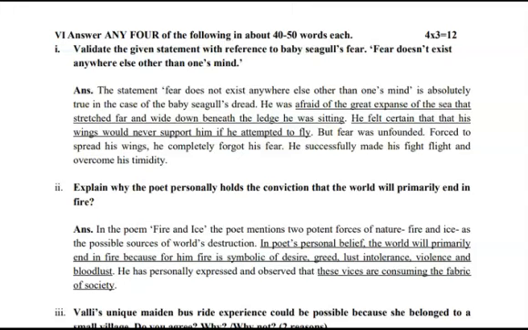Remember 3 things about these answers. Number 1, no word, no sentence in your answer should be extra or additional. Number 2, your answer must be in context with, or in line with, the question given. And number 3, even if your answer is in context to the question, highlight the keywords, because the evaluator does not have the time to read each and every word and sentence that you write.